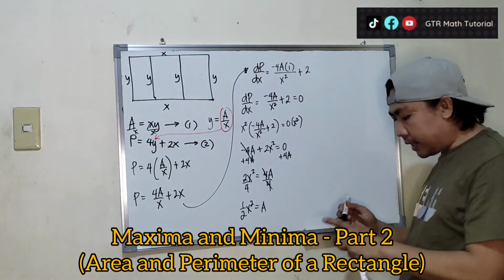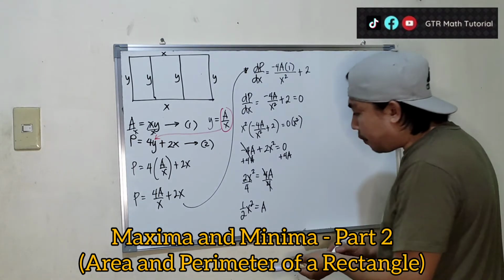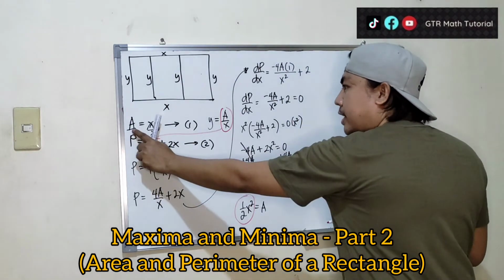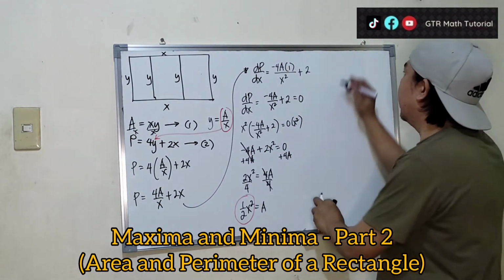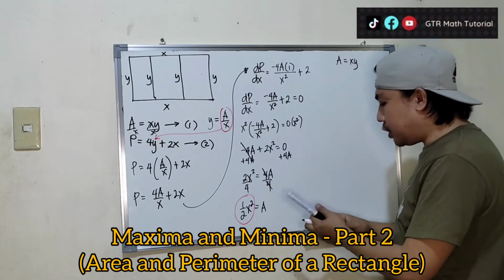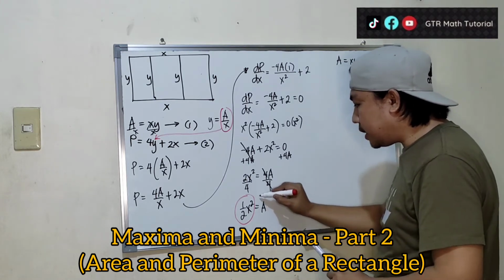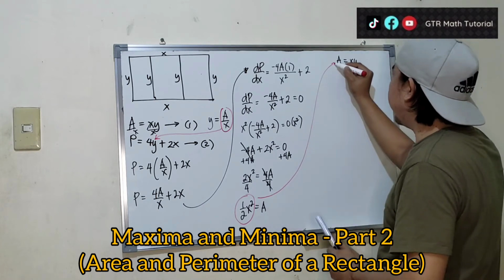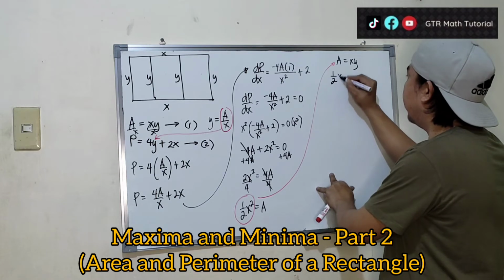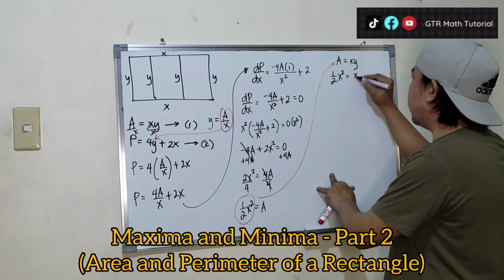x squared. So that is the value of a, and then substitute the value of a in this expression, a equals xy. Okay, so we have area equals xy, so substitute area is equal to 1 half x squared. So we have 1 half x squared is equal to xy.